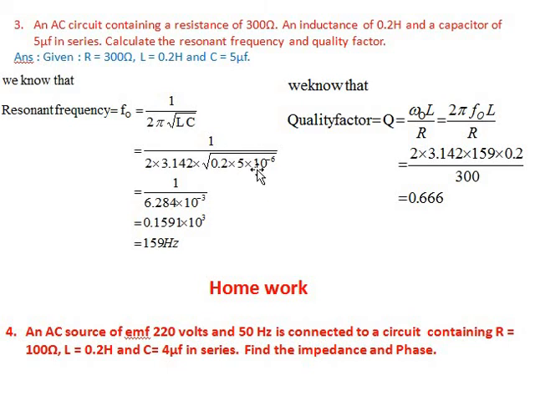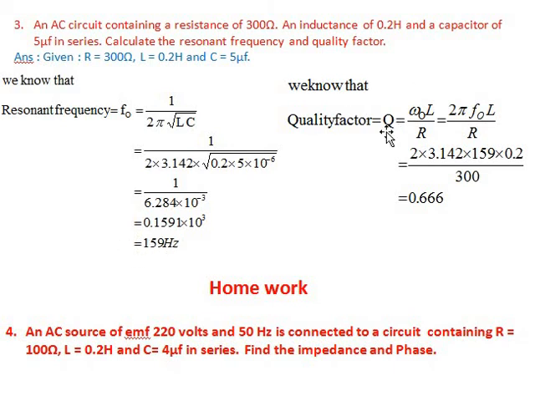So it is 5 into 10 raised to minus 6. Now just simplify this. It is found that 1 by 6.284 into 10 raised to minus 3. So it is equal to 0.159 into 10 raised to 3. So it is equal to 159 Hertz. Therefore resonant frequency F naught is equal to 159 Hertz.